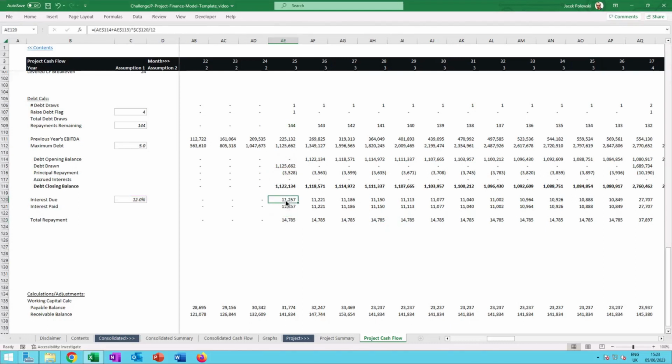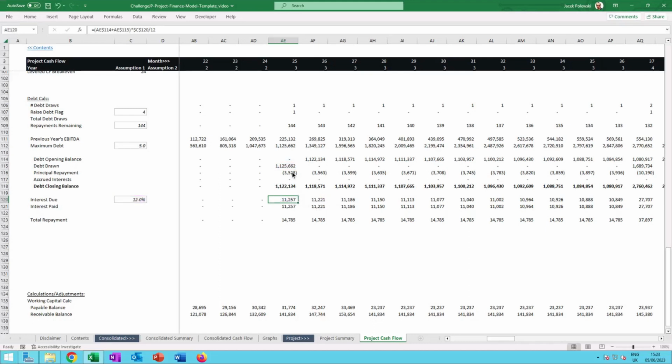Now we also know the interest. The interest calculation is quite simple. You simply take your opening balance plus any debt drawn, and then you multiply it by the interest rate, again divided by 12, because that interest rate is annual, so you want to make it into a monthly interest rate, and that calculates the interest that you have to pay on your debt.